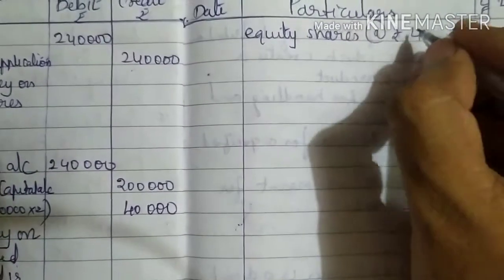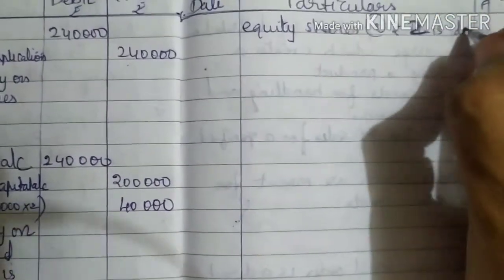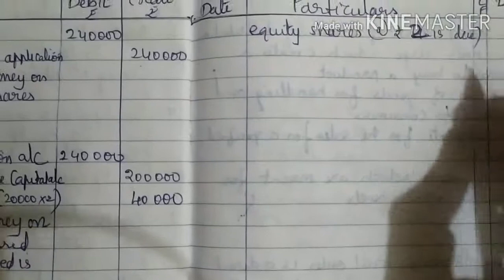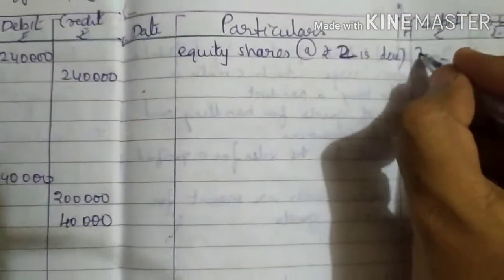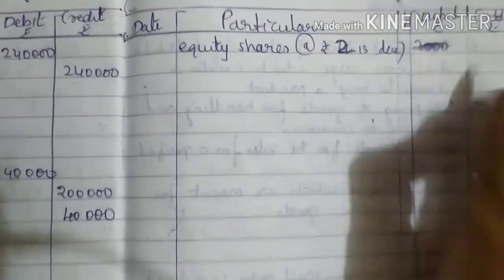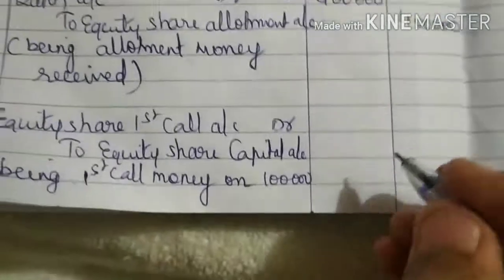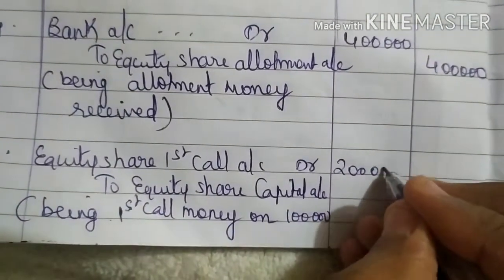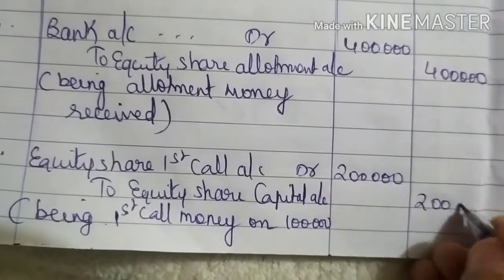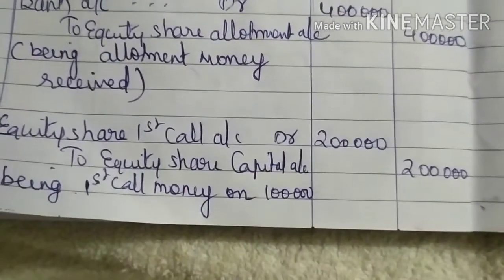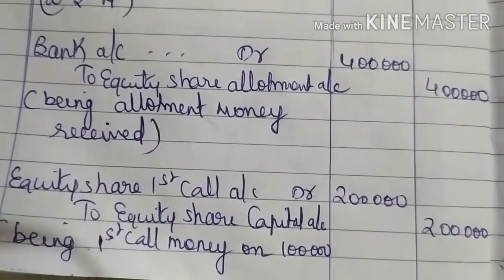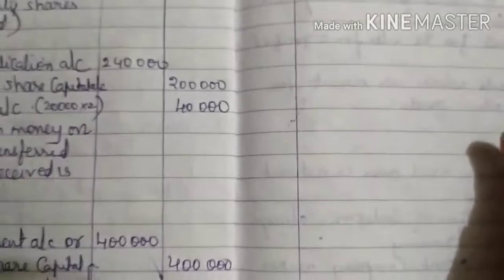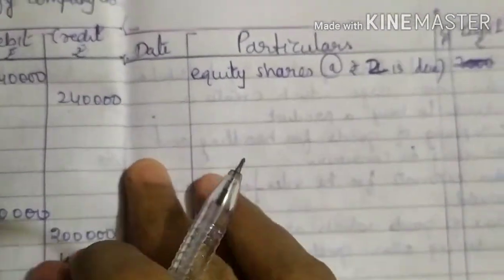Sorry, first call money is 2 rupees, so 2 is due. So 1 lakh into 2 is 2 lakh rupees.